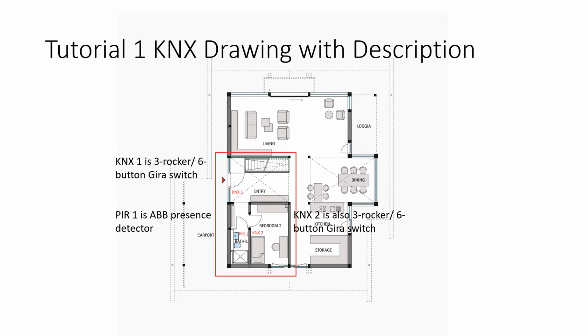There is a KNX 1 switch, which is a three rocker Gira switch, and in bedroom 2 there is KNX 2, which is also a three rocker switch. And there is a PIR in the bathroom.